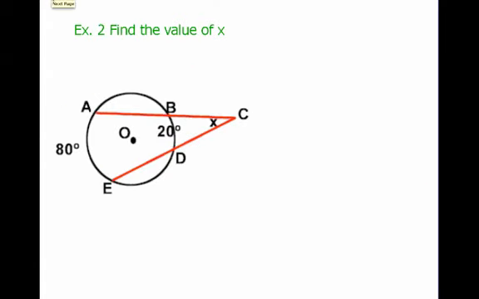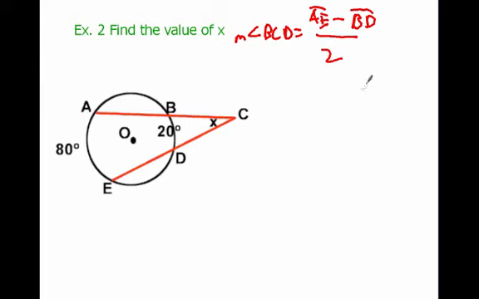It says find the value of x, and I've got a far arc of 80 degrees and a near arc of 20 degrees. If I want to solve this, I know that the measure of angle BCD is equal to our far arc, arc AE, minus our near arc, which is arc BD, divided by 2.